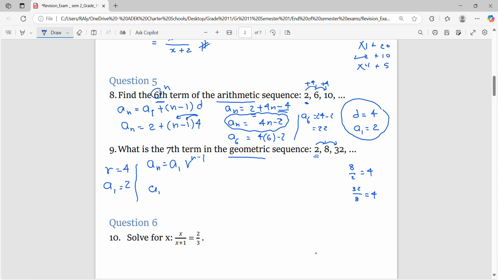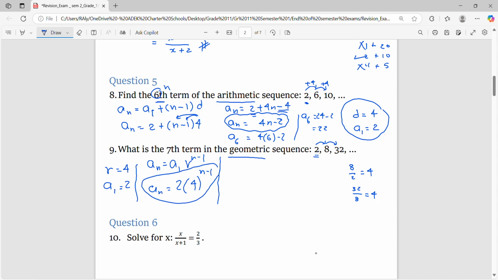It means an equals 2, and I prefer to put the ratio in a bracket, 4, to the power of n minus 1. Now the nth term is ready to use.